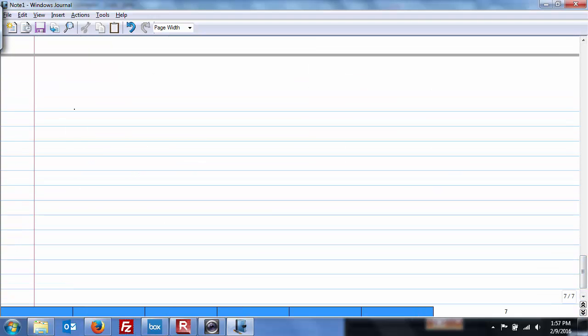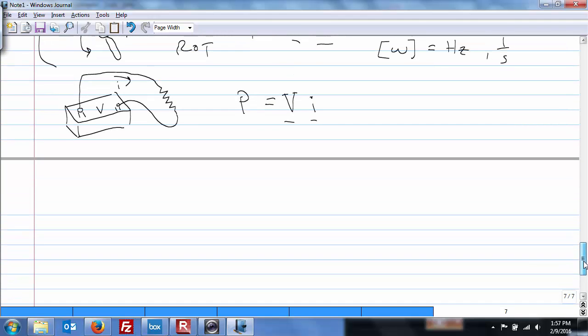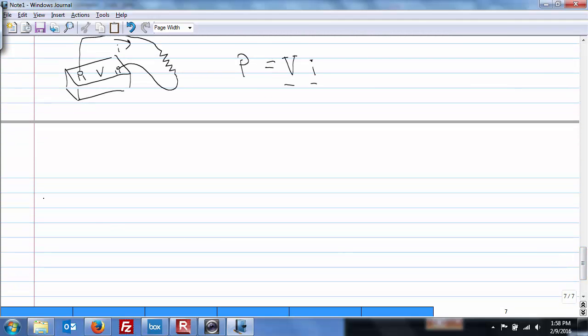I think next week we're going to do fluid mechanics, so we're skipping ahead just a little bit. But in the case of an HVAC system, there are two separate things.